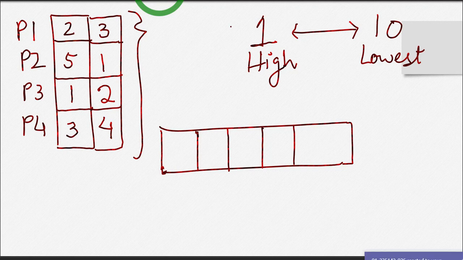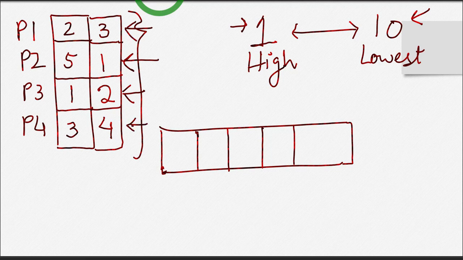If we are saying that 1 is highest and 10 is lowest, that means the process with the highest priority will be 1, the second highest priority will be 2, the third highest will be 3, and the fourth highest will be 4. So this should be their execution order. For that, an easier way is to sort them on the basis of this. So this is priority and this is their service time.